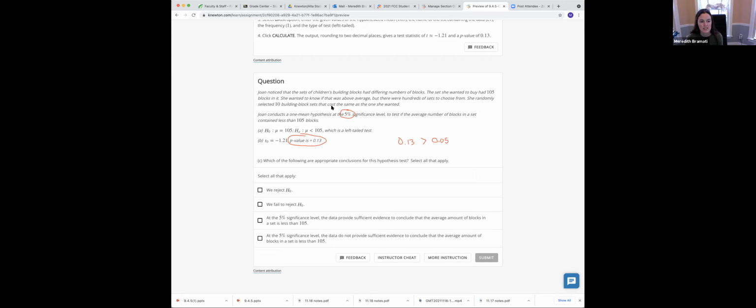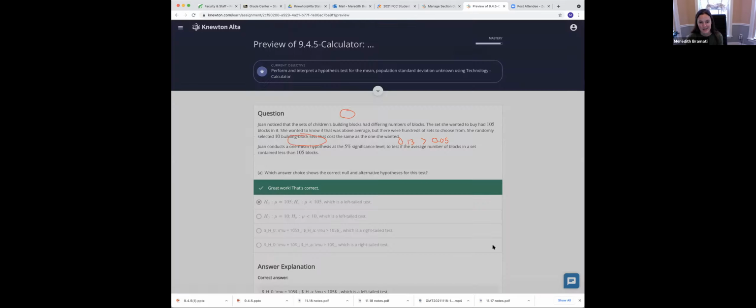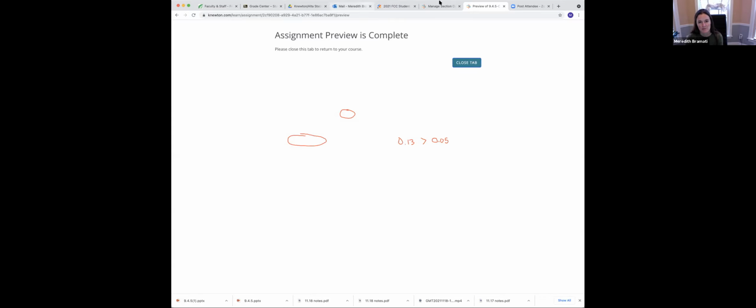So we need to select two answers down here, right? Are we rejecting or failing to reject? Fail to reject, and fail to reject links with this bottom one: do not provide sufficient evidence. If I had reject, it would link to the other one, which is it does provide sufficient evidence. Okay, we hit submit and we're done and we've completed it.